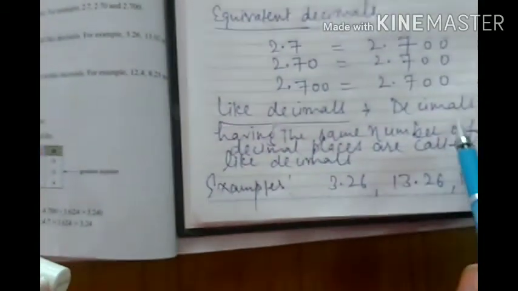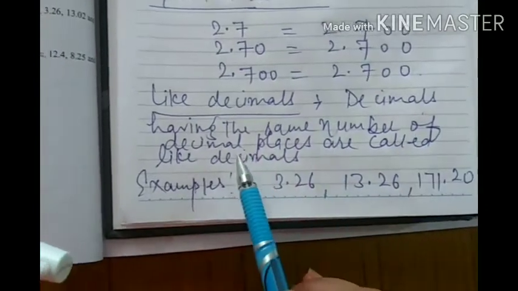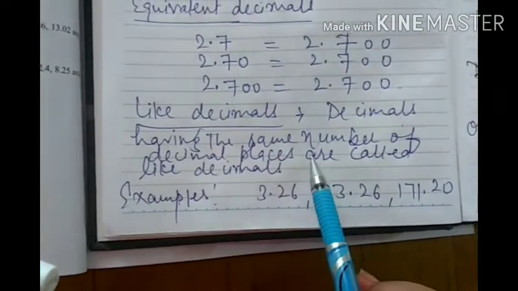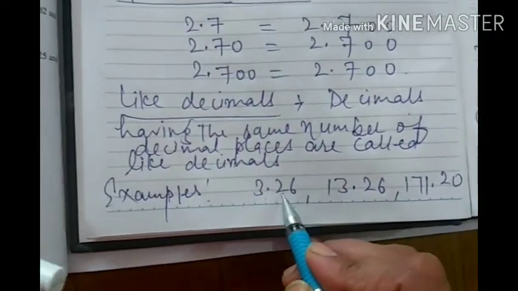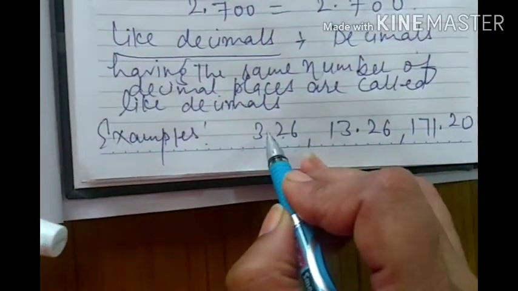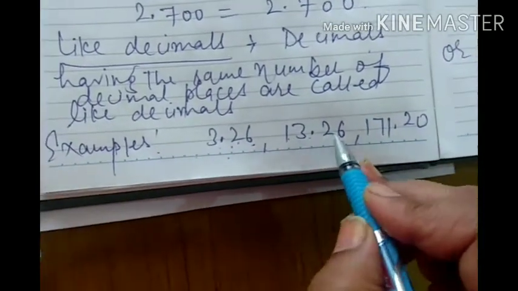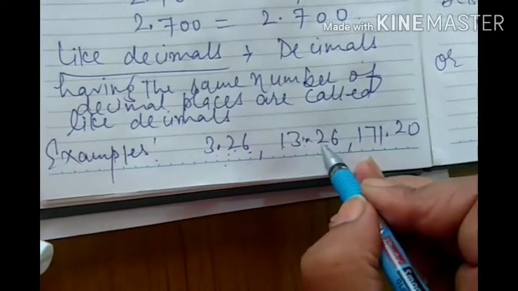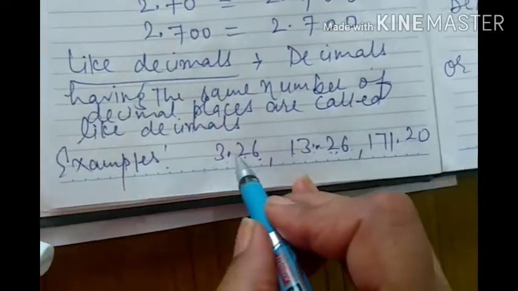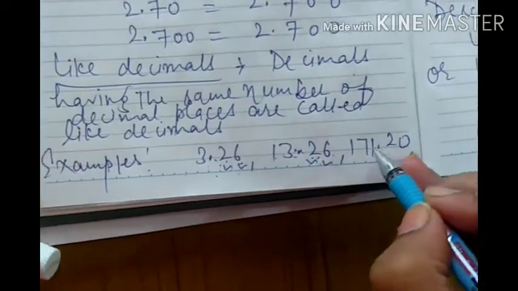Okay, then comes like decimals. Decimals having the same number of decimal places are called like decimals. Suppose 3.26. After the point, how many digits are there? 2 and 6. Then 13.26. We consider the number of digits after the decimal. After the decimal there are 2 digits, and again 2 digits.